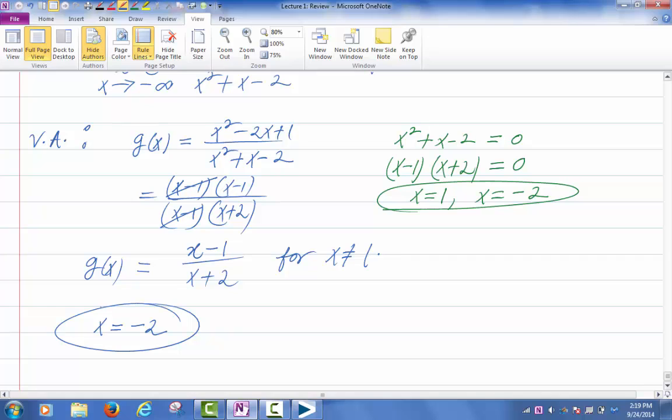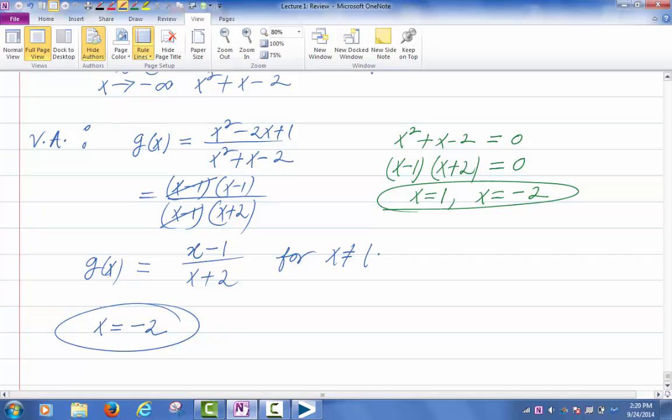Let's say you are going to -2 from the right, okay? So then the denominator vanishes, right? However, the numerator doesn't vanish. What's the limit of the numerator as x goes to -2? It's non-zero, right? -3, non-zero. Limit of the denominator is 0. Then the limit of the ratio would be plus or minus infinity.